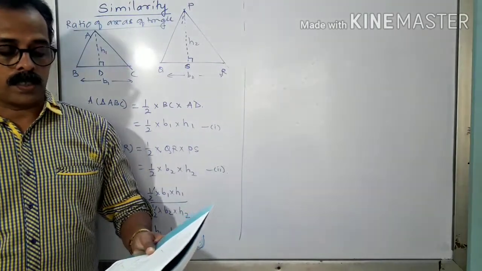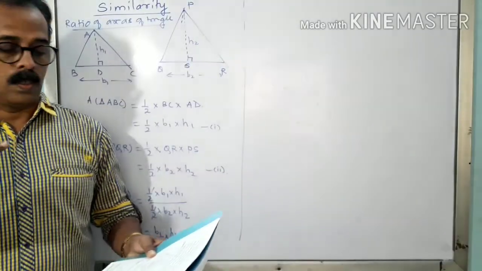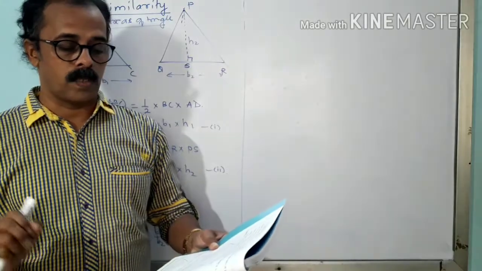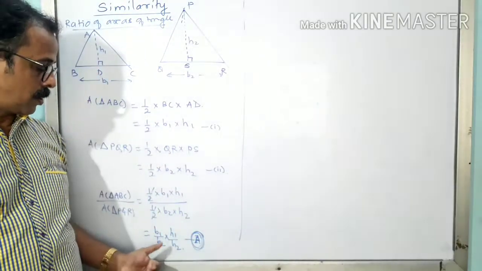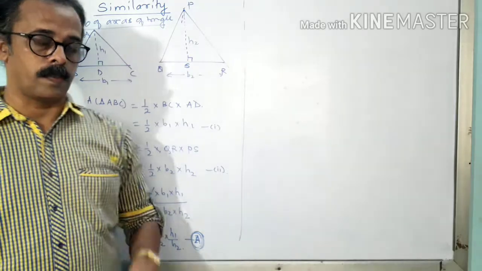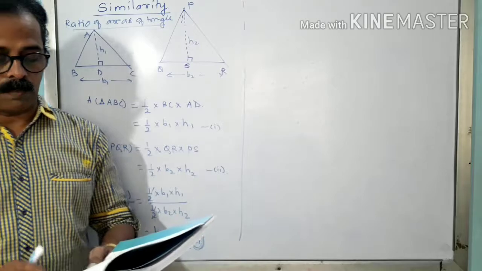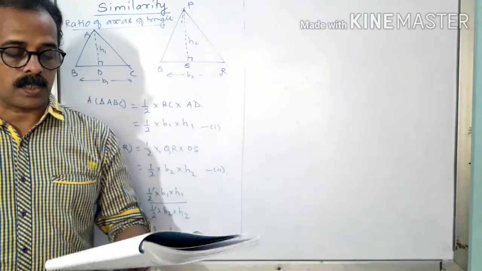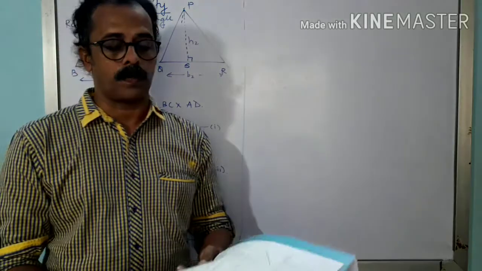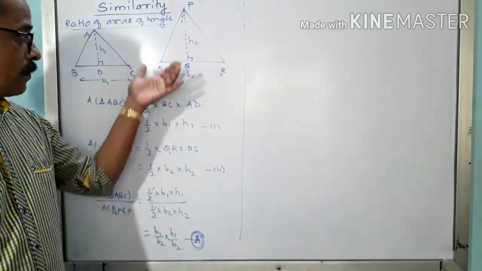The next is property 2: the ratio of areas of two triangles with equal heights is equal to the ratio of their corresponding bases. And your third property, on the same page number 2, is that the ratio of areas of two triangles with equal bases is equal to the ratio of their corresponding heights. So that is about your conditions.